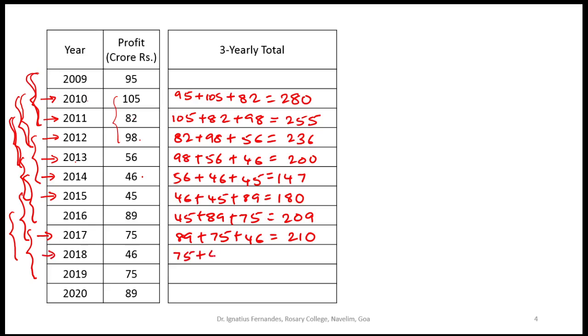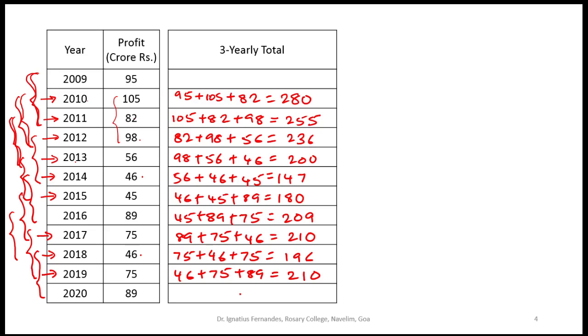So 75 plus 46 plus 75, that will come to 196. And finally we have the last 3 years, 2018 to 2020, middle year is 2019. So 46 plus 75 plus 89, and this total will come to 210.